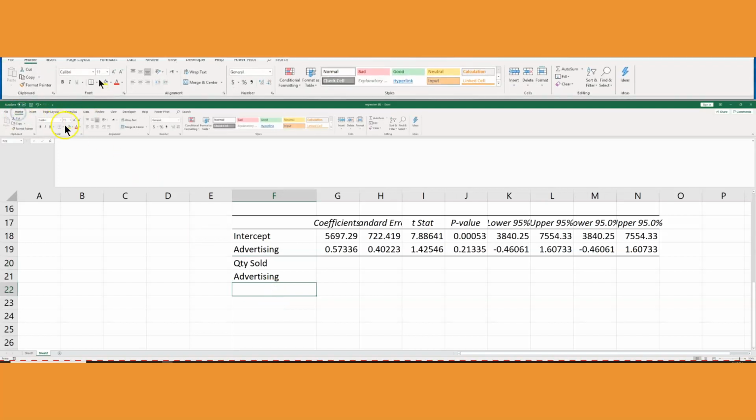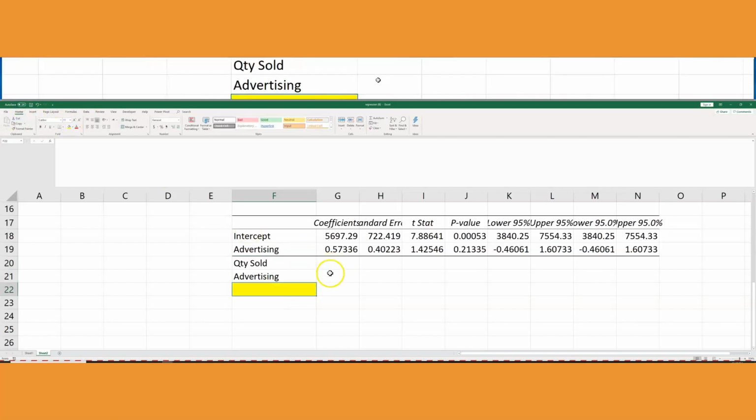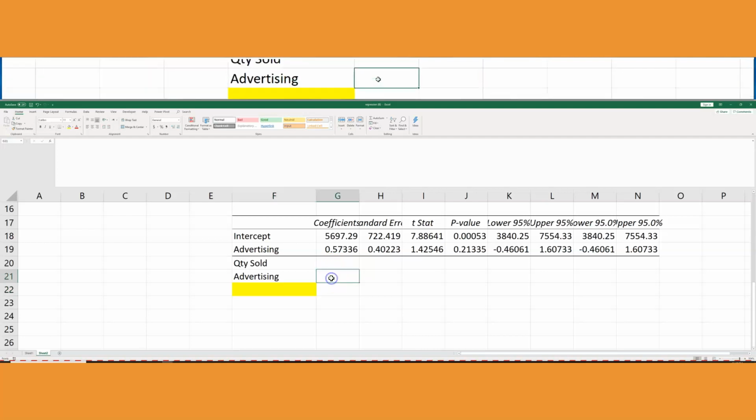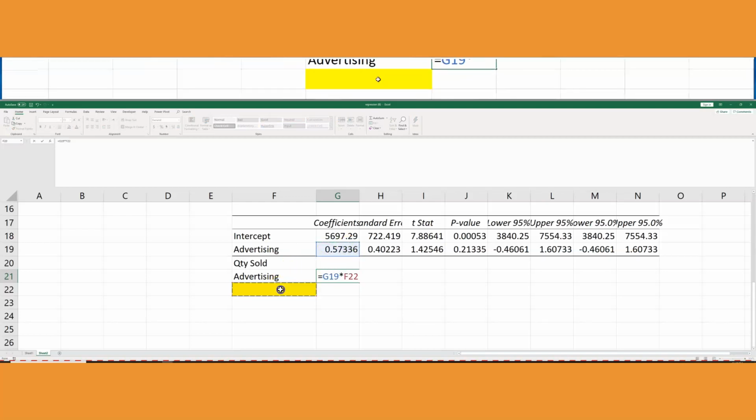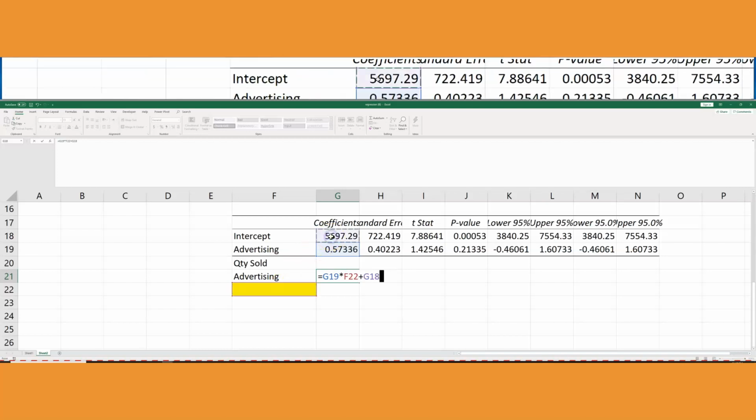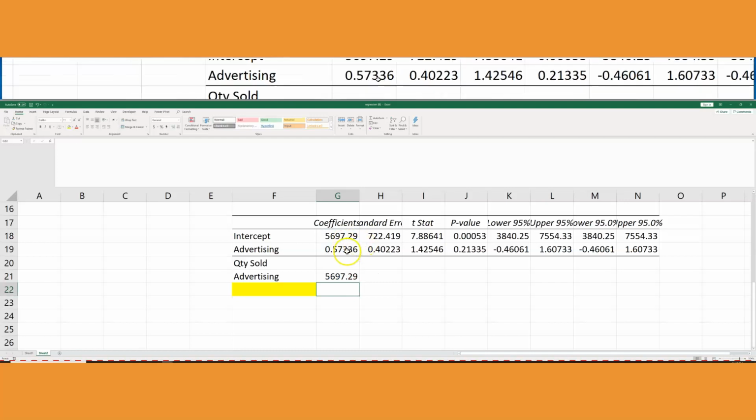So I'll select that one and create the equation directly here. It's going to be this one multiplied by whatever advertisement value I put, plus, of course, the intercept. Notice that because the relationship between the advertising and the quantity sold is positive, the higher the advertisement, the higher the quantity sold.